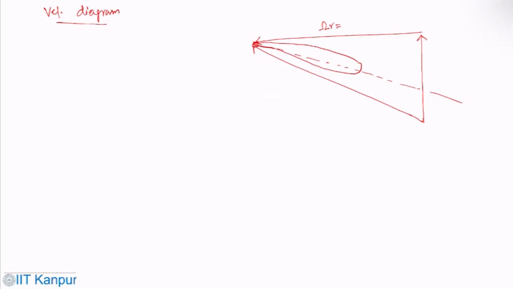So this is omega R, which is UT. This is U into 1 minus A, which is UP. This is alpha, theta P. And this one is UR.